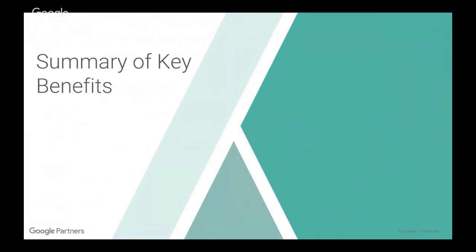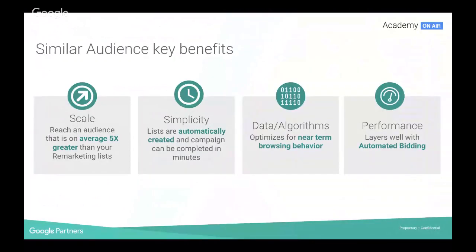So just to summarize the key benefits of an expansion strategy through similar audiences. Scale, so really high reach. Simplicity. These are key benefits that are valid for both display and search.